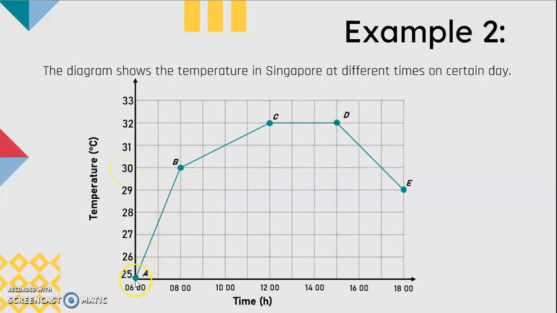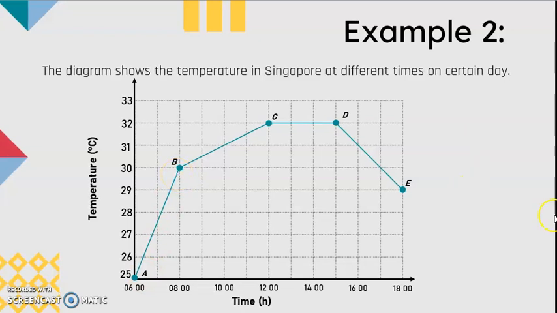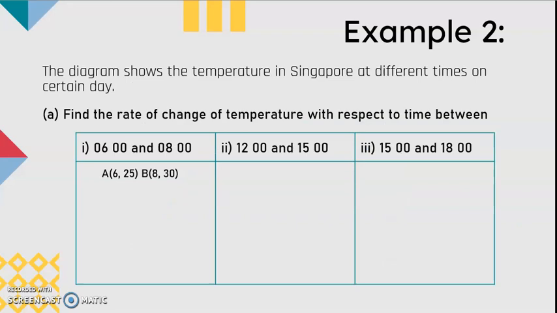We know that from 6 to 8 here, we have 2 points, point A and also point B. Point A is here and point B is here. The coordinate is point A 6, 25 and point B 8, 30. So we apply the formula of gradient, then you'll get your rate of change to be 2.5.